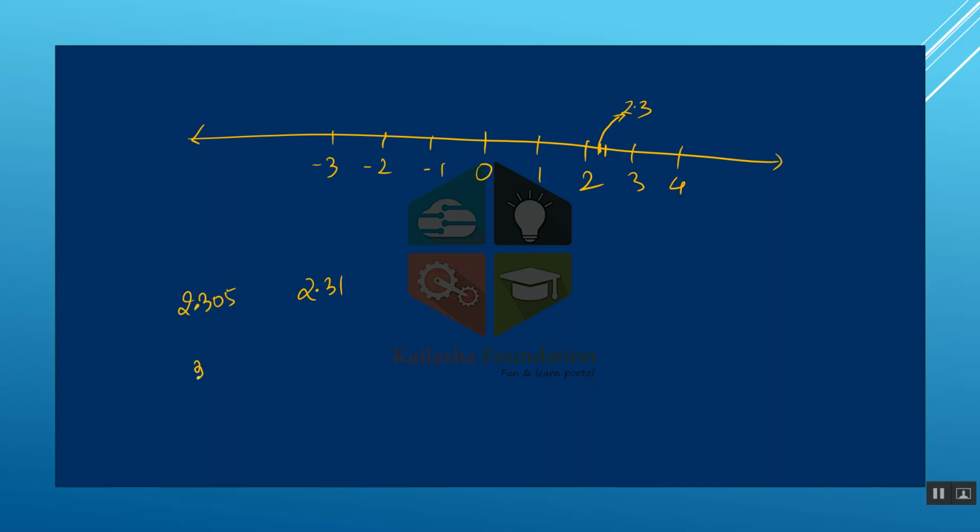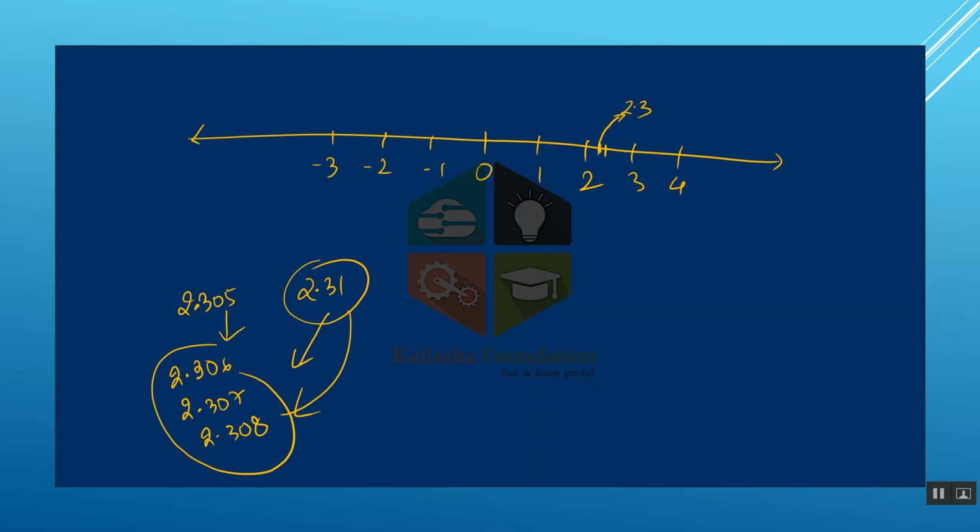For example 2.306, 2.307, 2.308, all these numbers are between these two. Less than 2.31 and greater than 2.305, these numbers are. Okay, so these can be placed between these two numbers. Between two different real numbers, we can place as many real numbers as we wish.